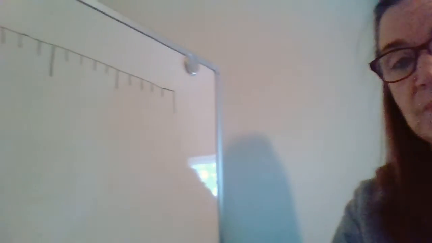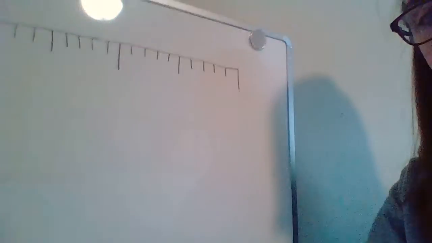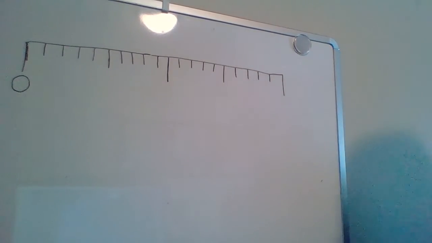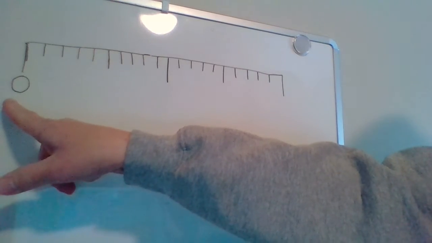So to help us get started, I'm going to switch my laptop around, and on my whiteboard I have a larger ruler, okay? And let's go ahead and flip this around here so you guys can see what I'm talking about. All right, can you guys see that? Okay, so this is a ruler that I started out with, and you can see that over here, this is the 0.